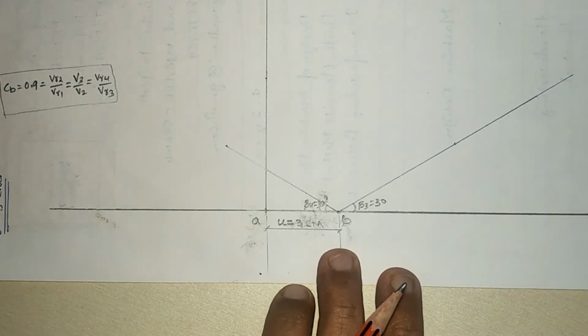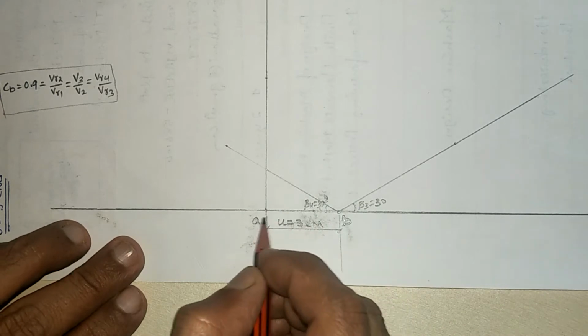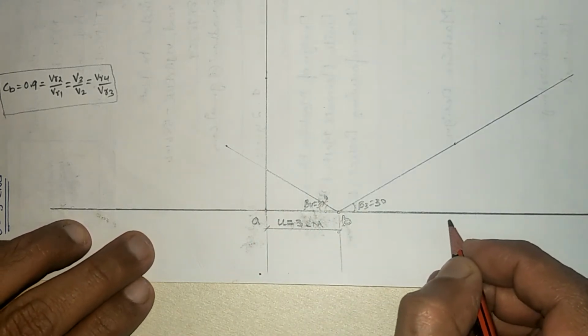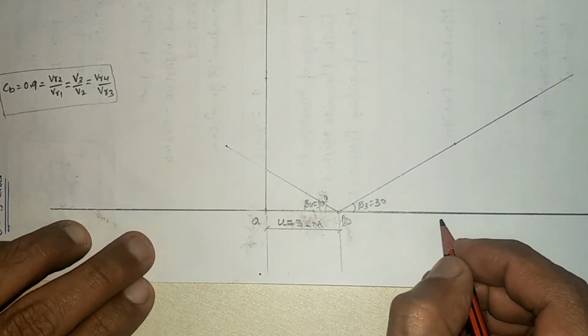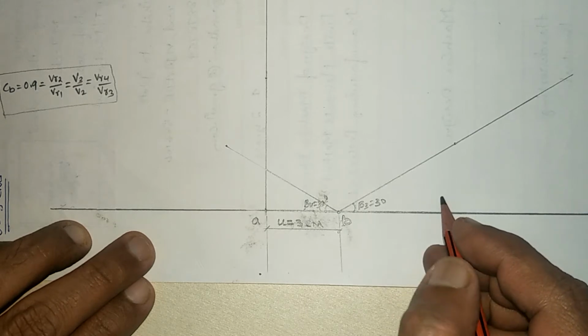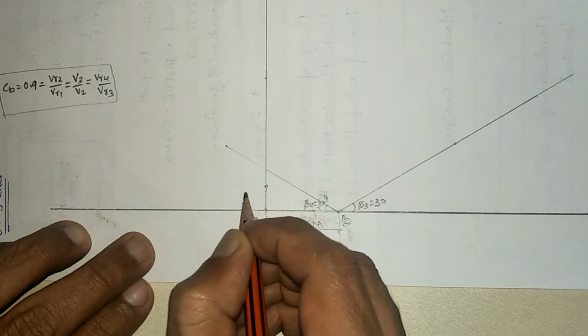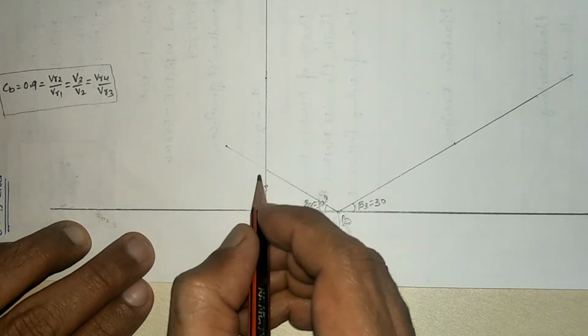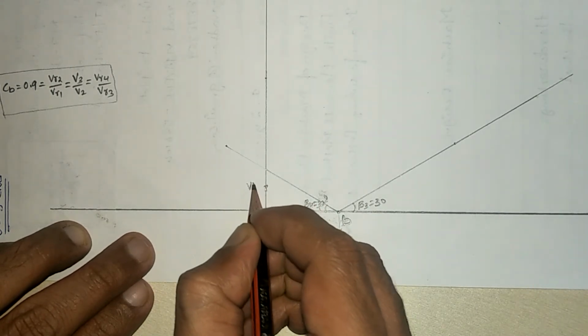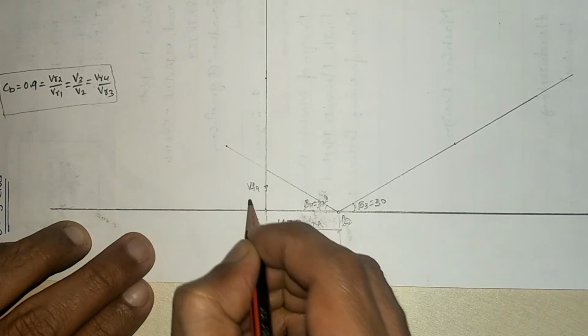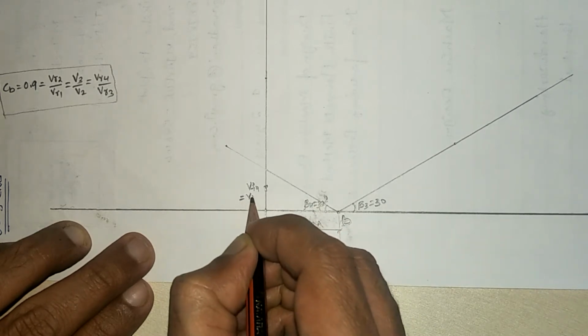Whatever line you are seeing here, AB, there will be one point C here, and there will be one point D. At present, this vertical line is VF4, and this is equal to V4.